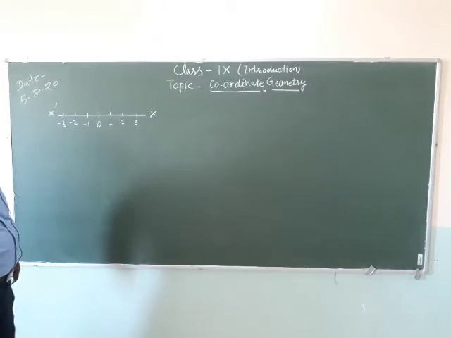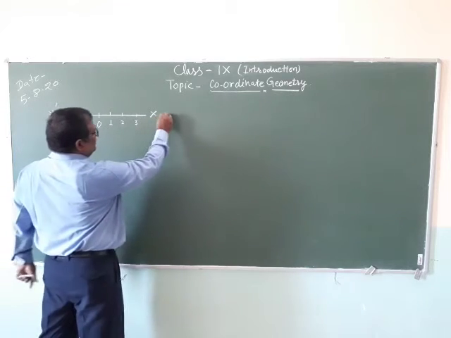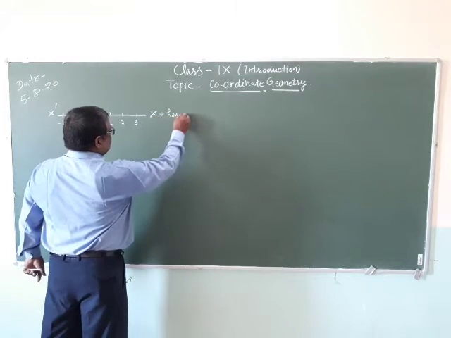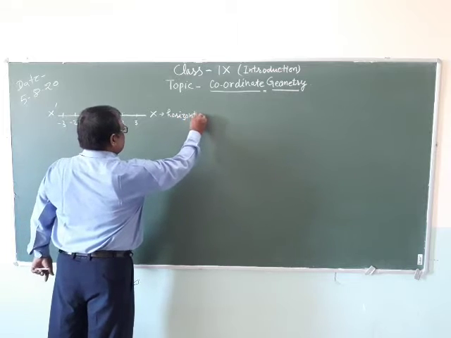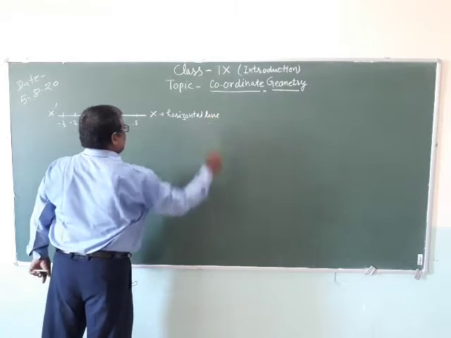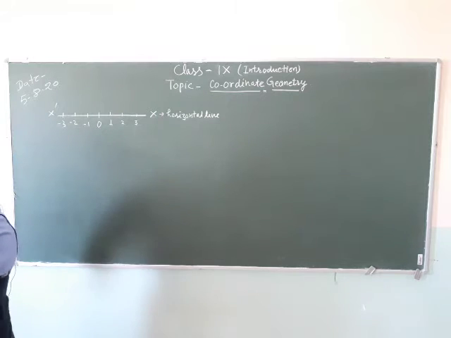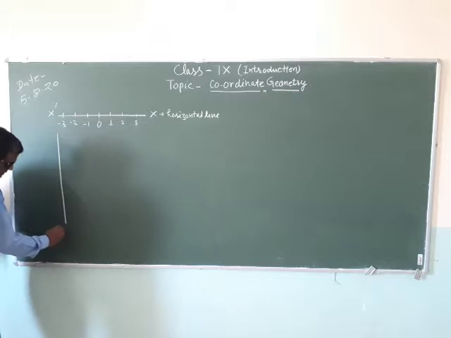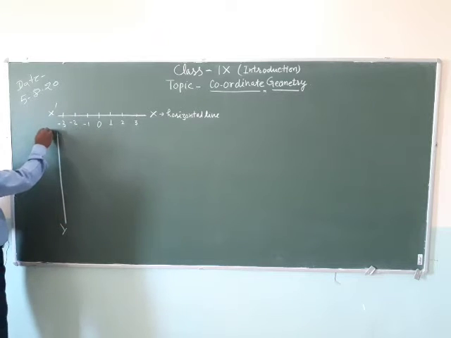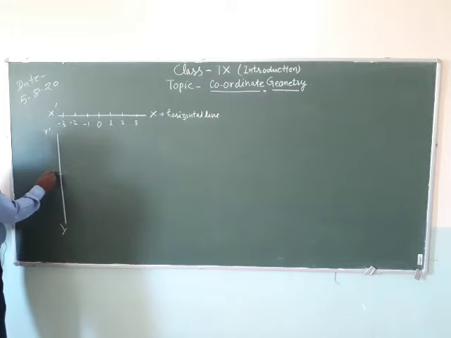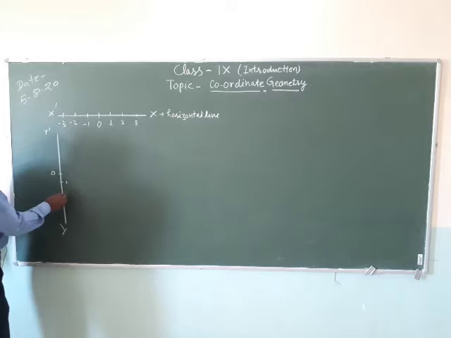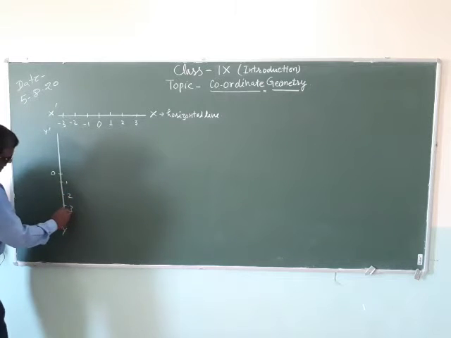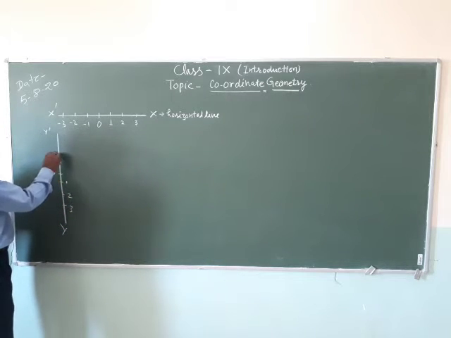This is a horizontal line, and another is a vertical line, that is y and y dash, here the middle is 0. Now here +1, +2, +3, and this is -1, -2, -3.